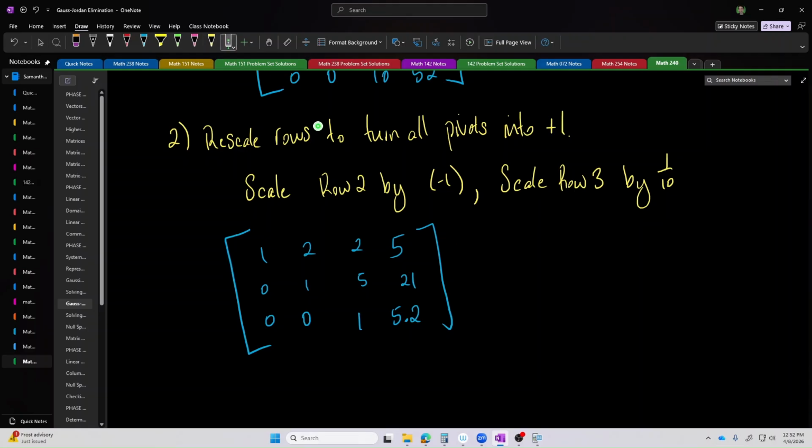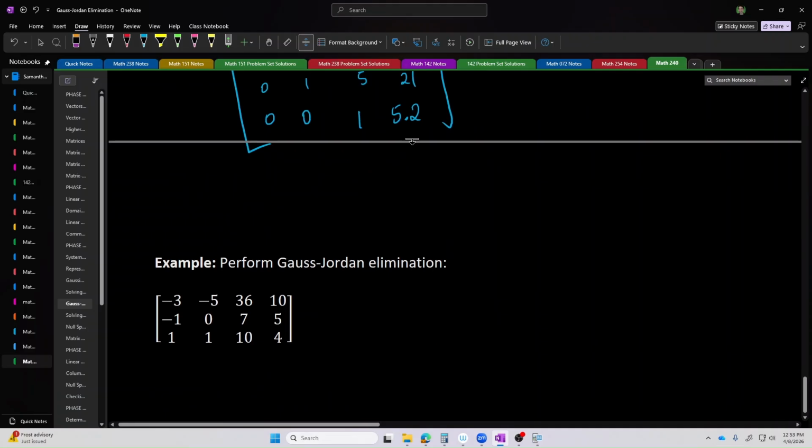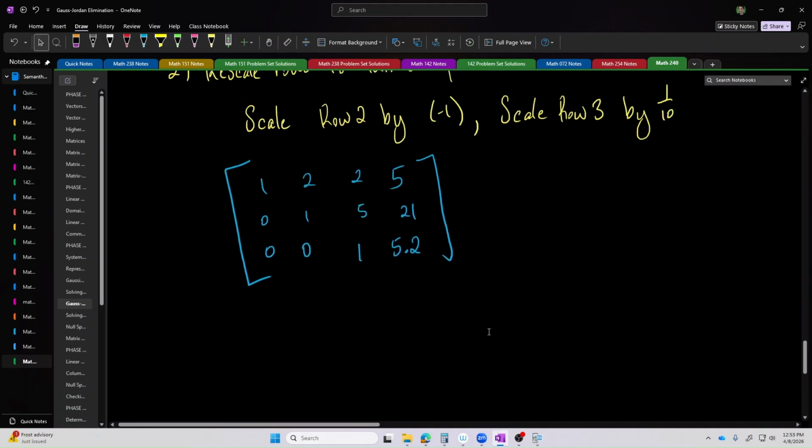The last thing that we need to do is clear out these entries above the pivots in the matrix. We've already cleared out the entries below the pivots, but now we have to cancel out the entries above the pivots. We're going to do that much the same way that we did Gaussian elimination, by scaling rows and adding them together.